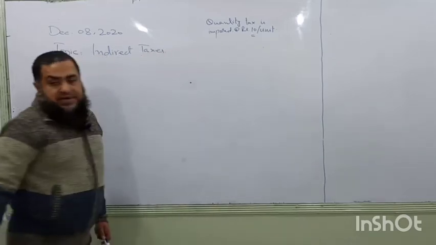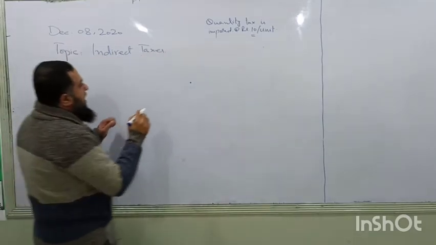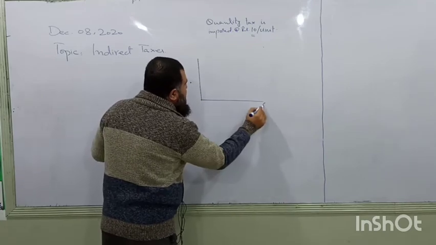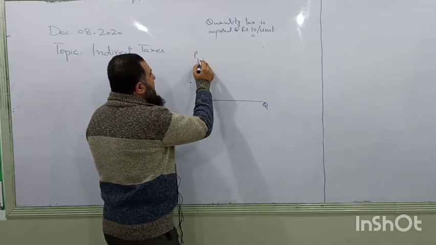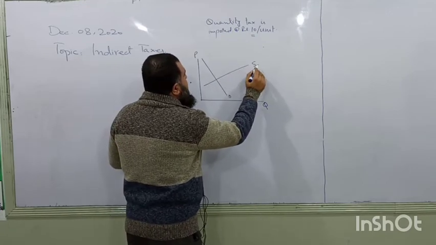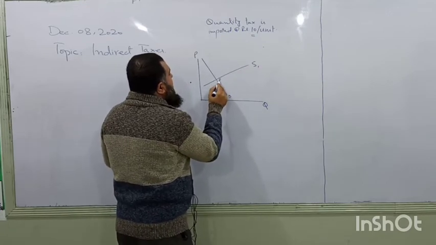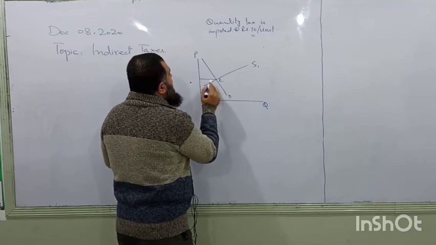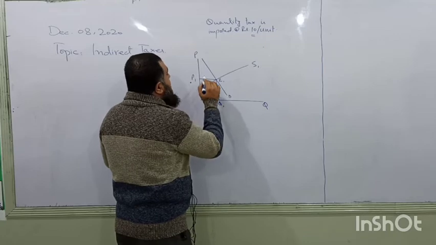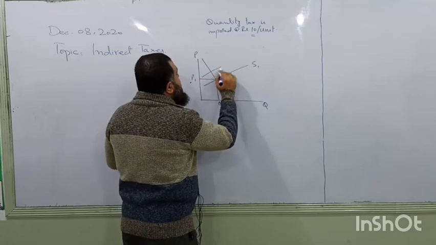Okay, you can see over here. Now I am drawing the demand which is relatively inelastic than supply. Demand is now inelastic and this is the supply curve. This is the equilibrium E1 before the tax. Now the same tax is imposed.